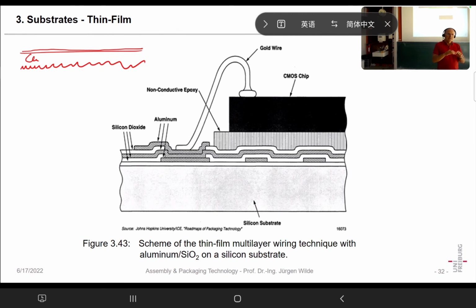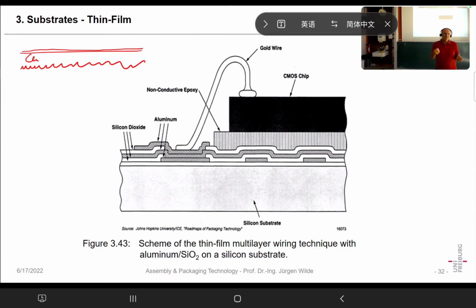And when you want to have a smooth conductor, the first thing you need is a smooth substrate. So in the end, a technology was developed where we use very smooth substrates and make very thin layers which have a low roughness, and typically such are sputtered layers.